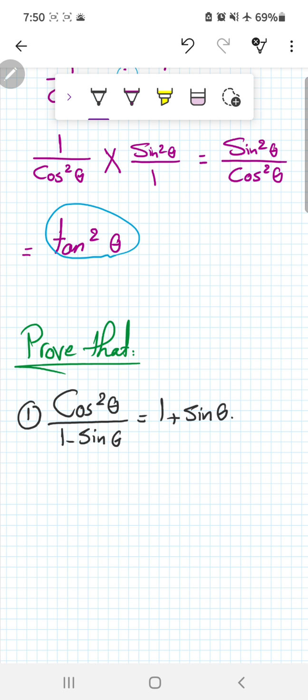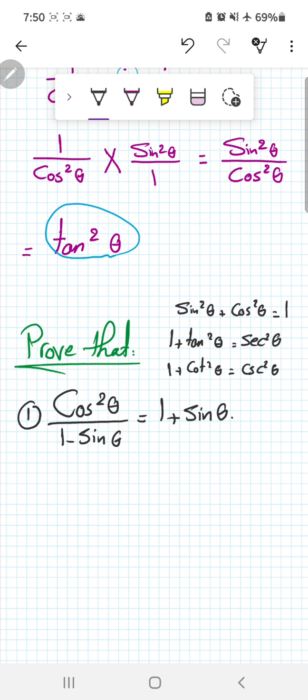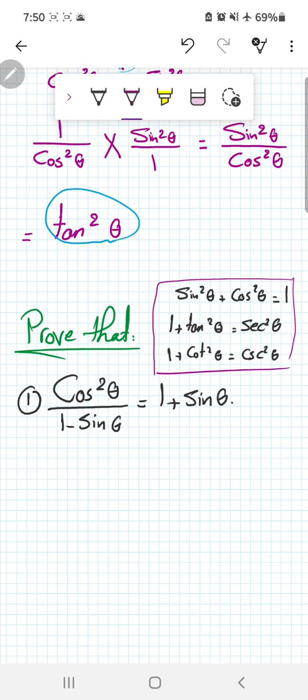Also write the trigonometric identities: sine squared theta plus cosine squared theta equals 1; 1 plus tan squared equals sec squared; 1 plus cotan squared equals cosec squared. Okay? We want to prove that cosine squared theta over 1 minus sine theta equals 1 plus sine theta.